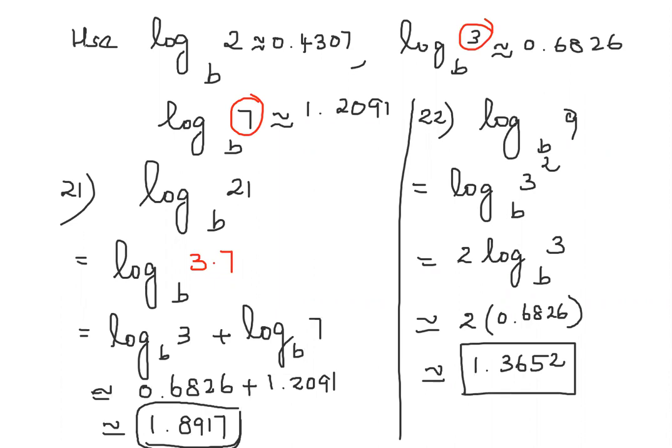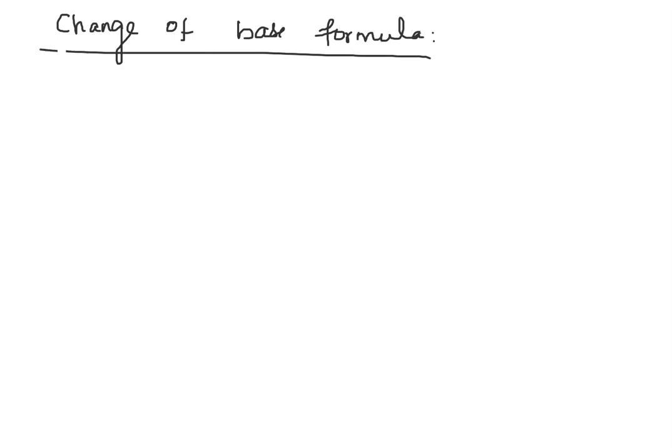Okay, and a couple more problems. And number 23, sorry, you can try number 23, so I'm going to leave it to you. I'm going to do the change of base formula. So the change of base formula is given by log x to the base b is going to be log x over log b.